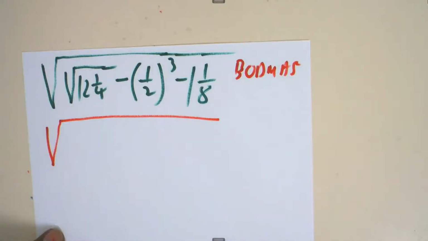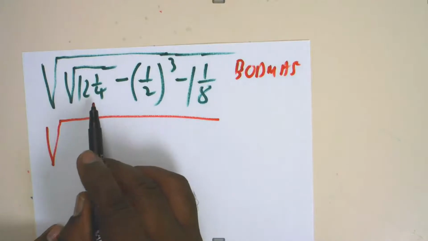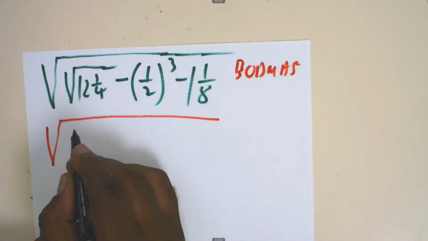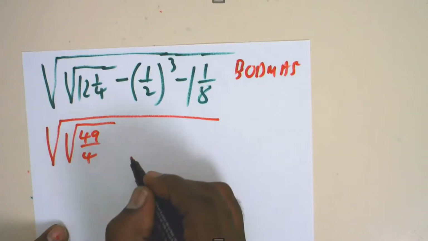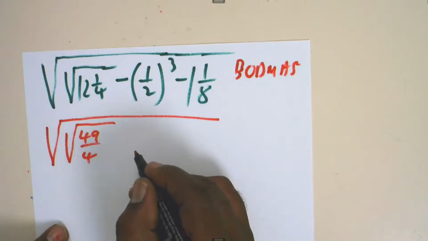Now, we change it into a proper fraction. 4 by 12, 48 plus 1, 49 over 4. Like we said earlier on, mathematics is a step-by-step process.